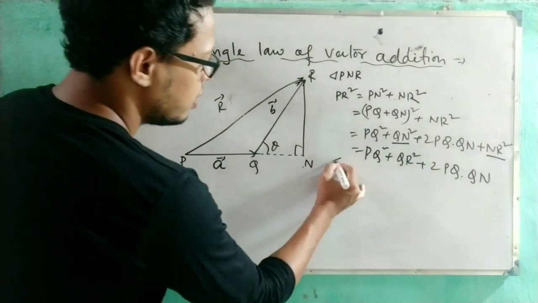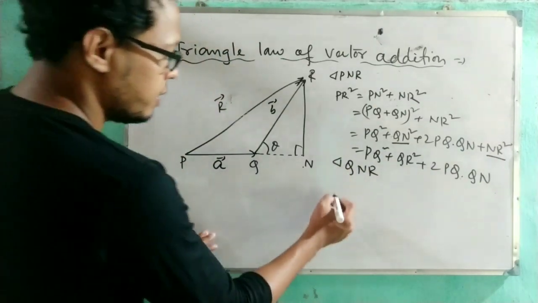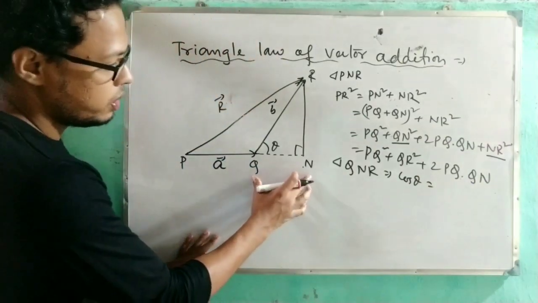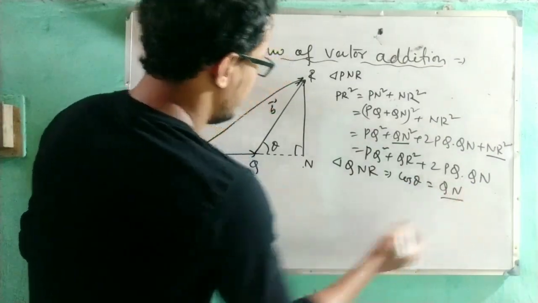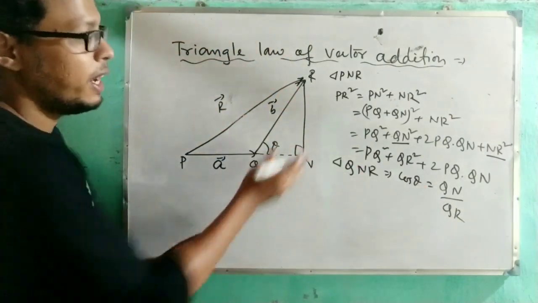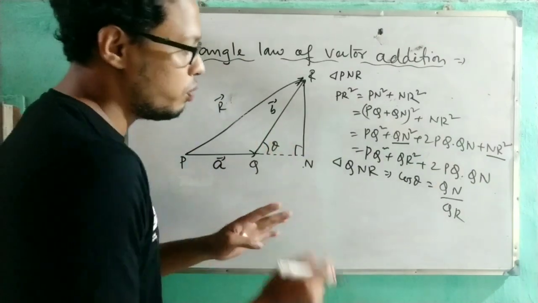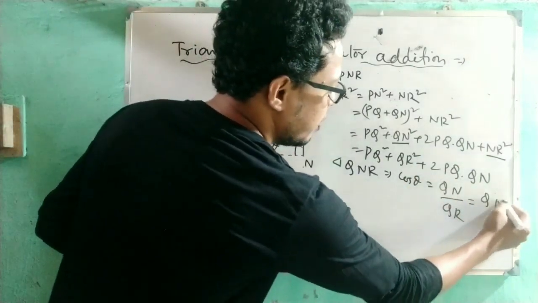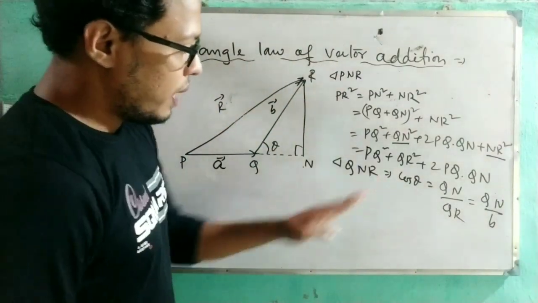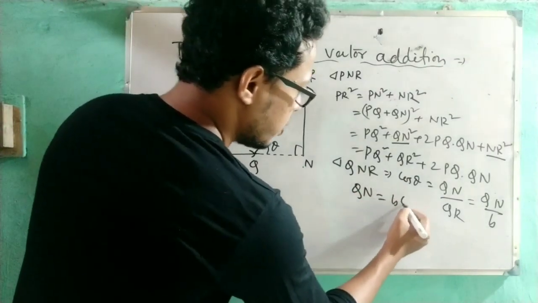Take the triangle Q, N and R. From this triangle we can write cos theta equals base by hypotenuse, base is QN divided by hypotenuse, meaning QR, which is B. Remember this one, I am calculating the magnitude, so only B you have to take. So here we can write QN divided by B. Clear? So put the value over here and find the value of QN equals B cos theta.